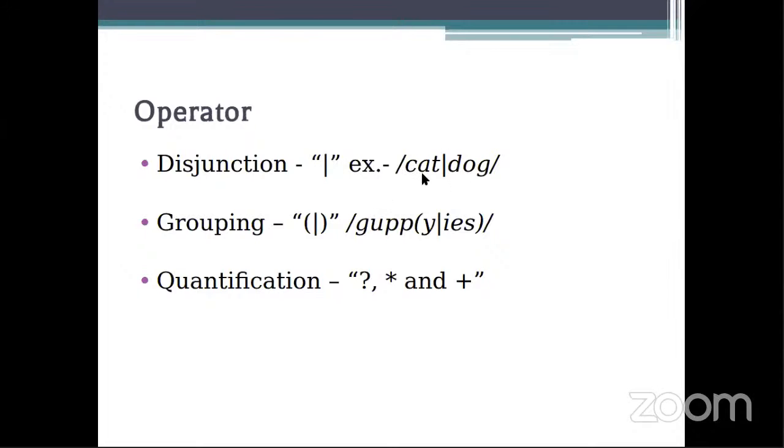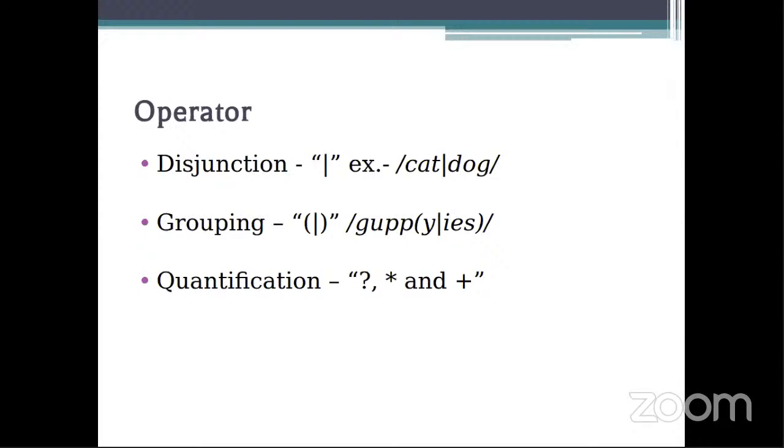For example, if you want to search either cat or dog, and you don't know whether cat is available in the text file or not, you can put both words, or any type of matching, like cats. The pipe is basically alternation. Either cat or dogs, and you can easily find where is a cat and where is a dog.